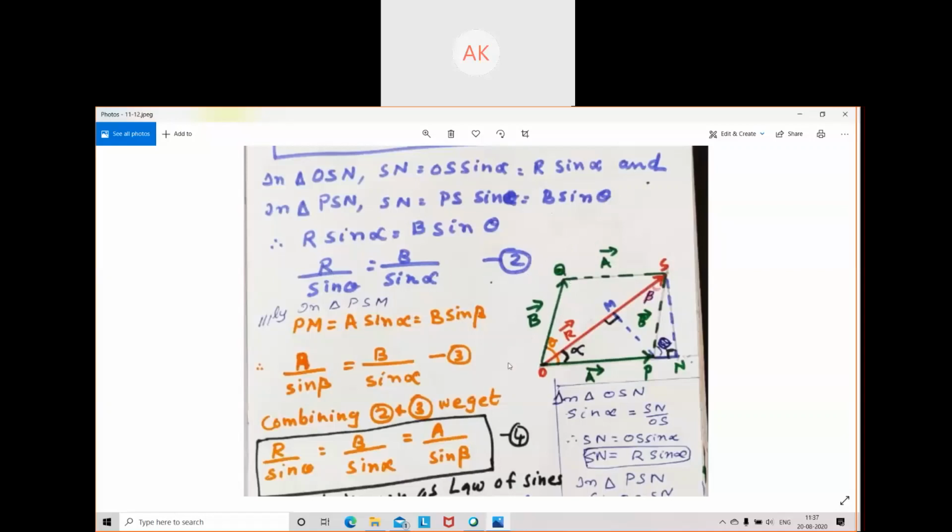And one more equation is there. From the triangle, you have drawn a perpendicular here, PM. This is the opposite side. So what is PM? In terms of beta, you are finding. Take triangle PSM.